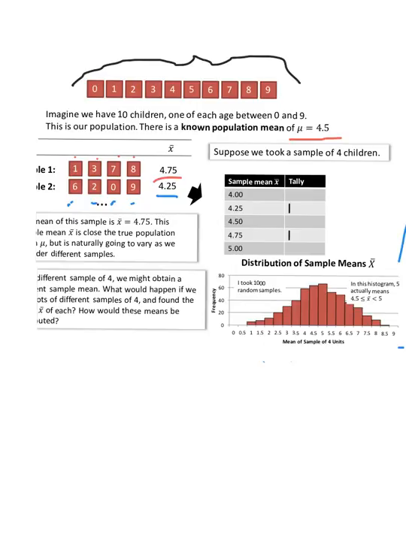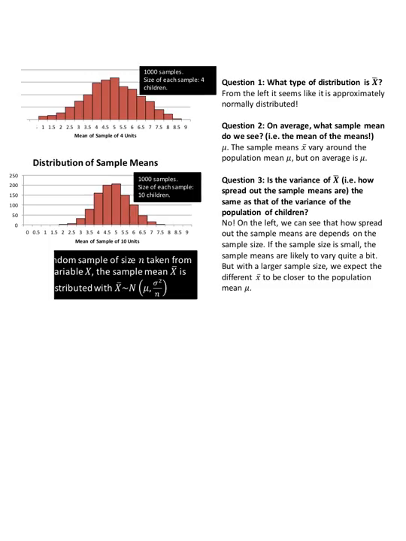So in our histogram, 5 actually means the sample mean is greater or equal to 4.5 but less than 5. So the question we're going to ask is, what sort of distribution does our sample mean follow? If we look from left to right here, it does seem as though it is approximately normally distributed. So it's got a rough bell-shaped curve and is symmetrical about the mean.